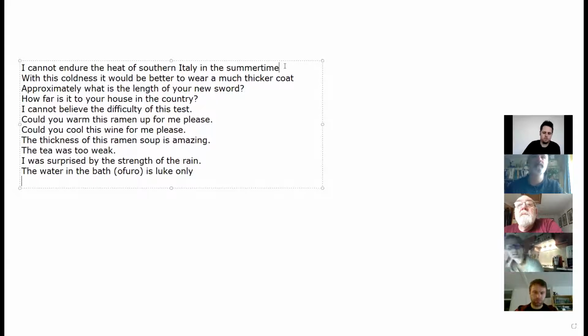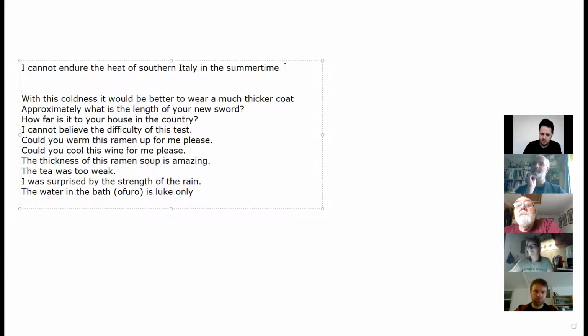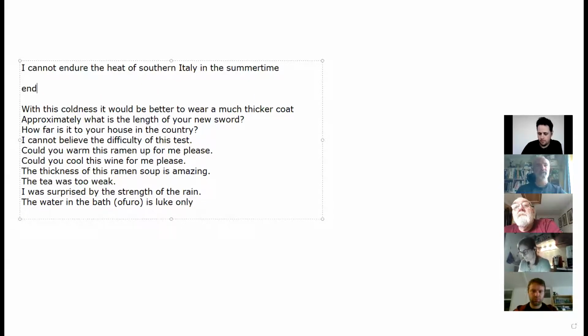Okay, Tobe. I cannot endure the heat of southern Italy in the summertime. So endure, I'll give you this word so you don't have to search for it. Taeru. Taeru, good, yes.